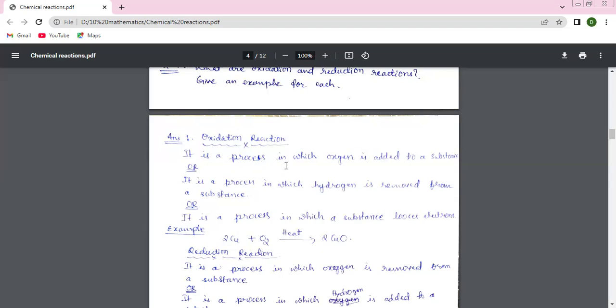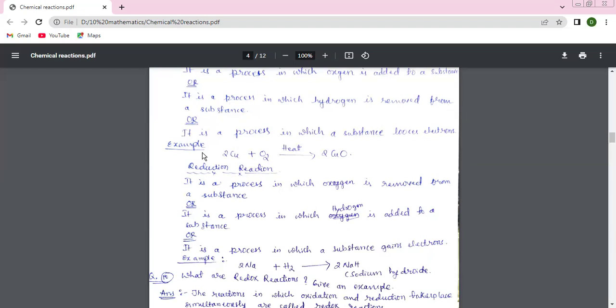So it is a process in which oxygen is added to a substance, or hydrogen is removed from the substance, or a substance loses electrons. Here is an example. 2Cu, two atoms of copper, combines with oxygen, leading to copper oxide.